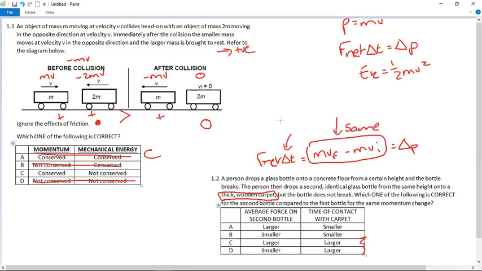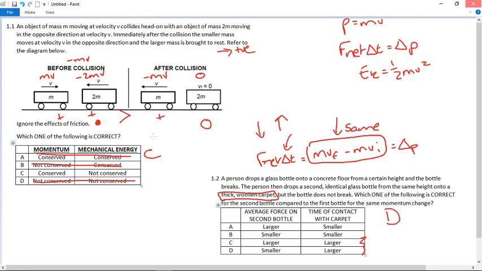So if the delta t increases, then the F net has to decrease. And that force is what's breaking the bottle. So it is a smaller force with a bigger time for the same change of momentum. So the answer here is a smaller force with a longer time. So the answer is D.